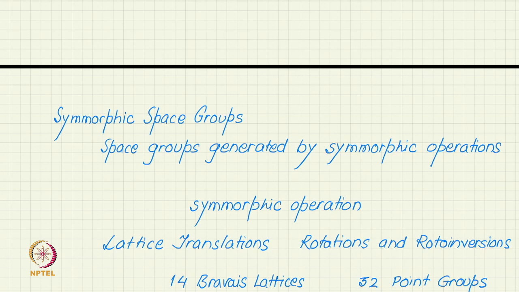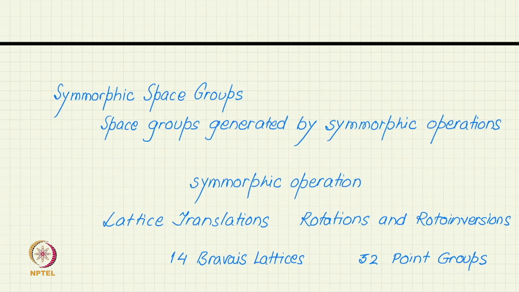Now, the lattice translations actually determine 14 Bravais lattices. The different kinds of lattice translations which a periodic pattern can have are classified into 14 Bravais lattices.